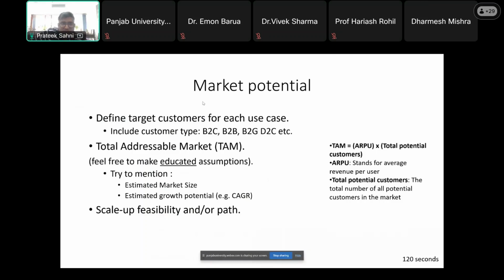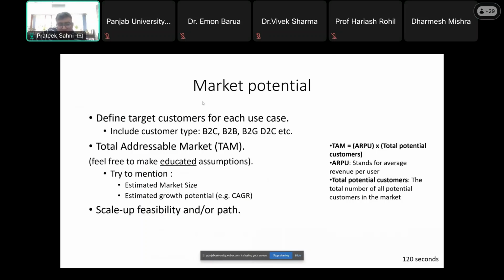You should be aiming for as wide a customer base as possible, so that eventually the profits for the company and, in the best case, you guys as well is maximized, right?